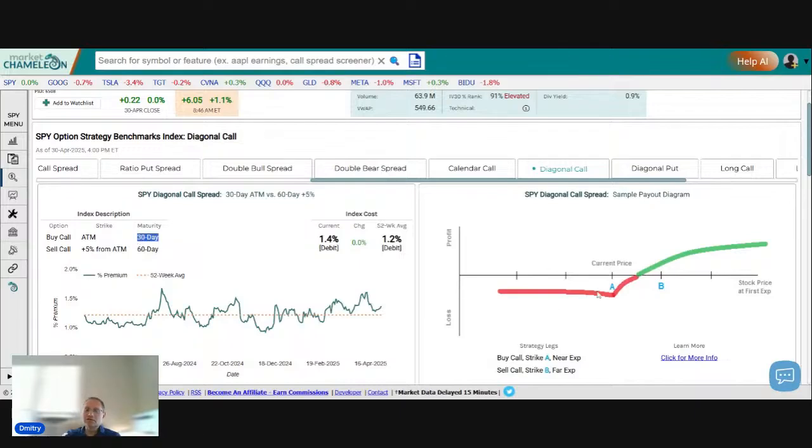You're at the money, but you're limited in your loss, unlike a buy-write where you have the stock, so you could go to zero. Here, you're limited to what you paid for the option, and that will get somewhat offset by the call that you sold up here at B. So that's what a diagonal spread looks like.